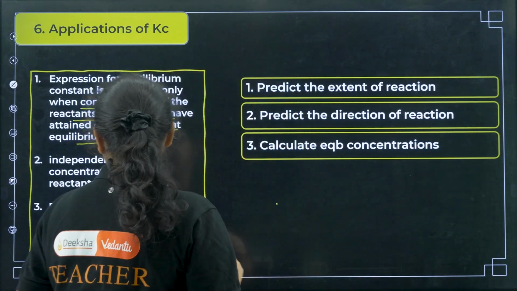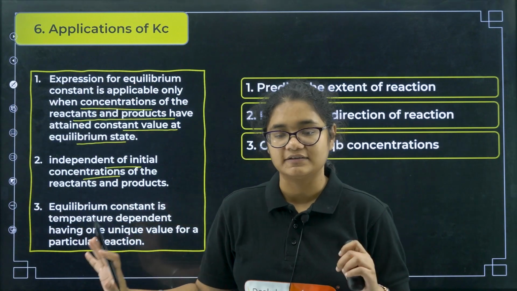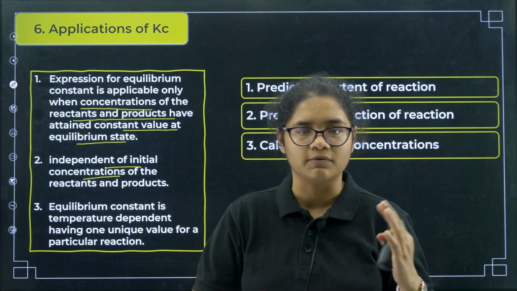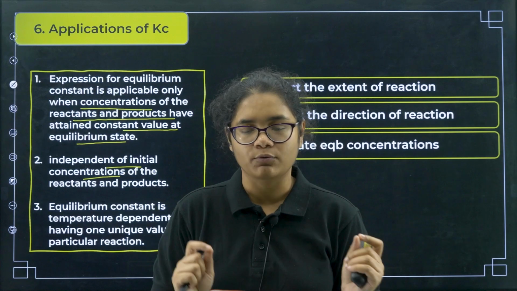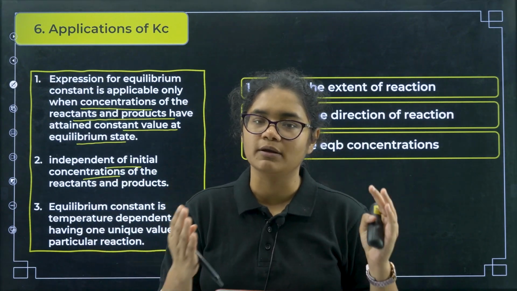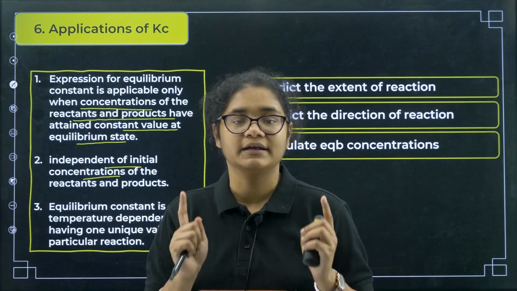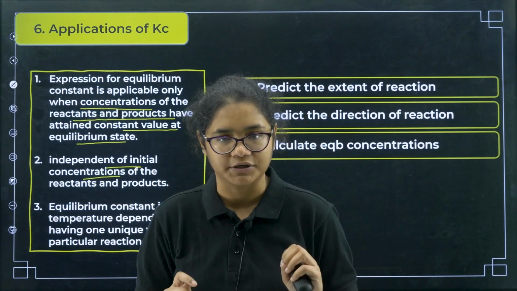Second thing, it is independent of the initial concentration. I have explained this in the last class also. If you start the reaction with 1 mole and at equilibrium it is 0.5, or you start with 2 moles and at equilibrium it will be the same 0.5, right? So the K value will not be affected by the initial concentration.